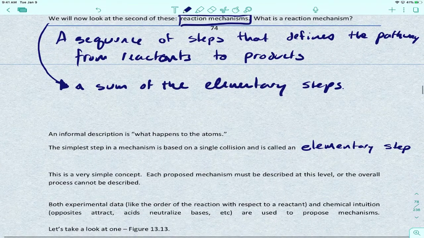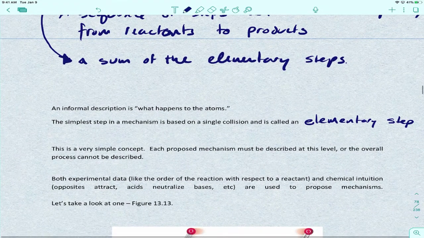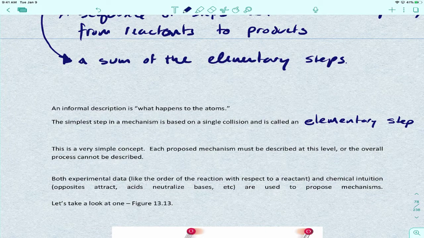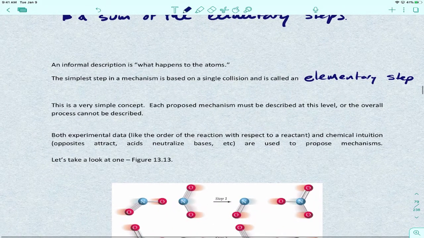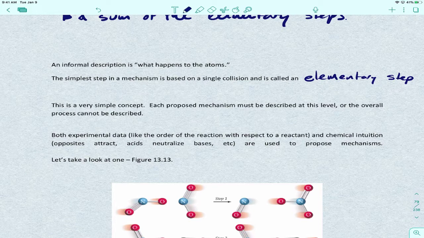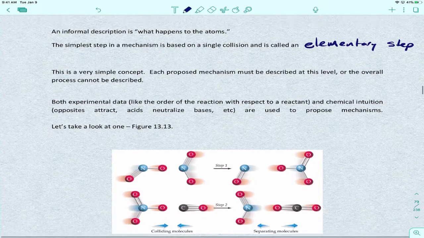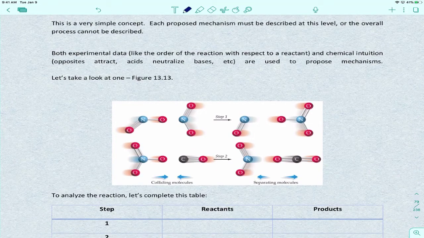Both experimental data and chemical intuition are used to propose mechanisms. Experimental data is like the order of the reaction with respect to a reactant, and intuition is like knowing that opposites attract and that acids neutralize bases. Let's take a look at a mechanism.